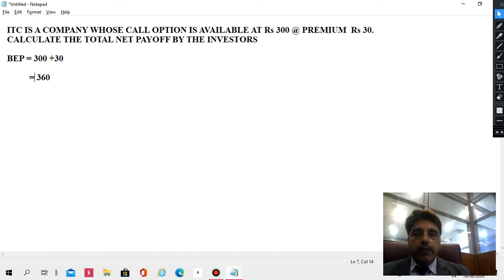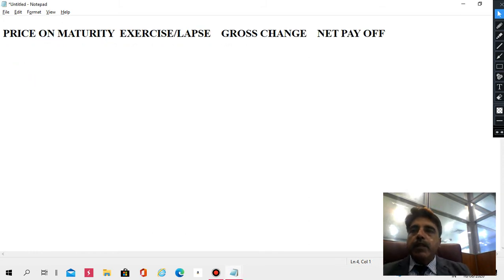And how does it function? We will go through the table which we have created. For an example, if the price on maturity is 280, what will happen here? Will the investor exercise the call option or let it lapse?